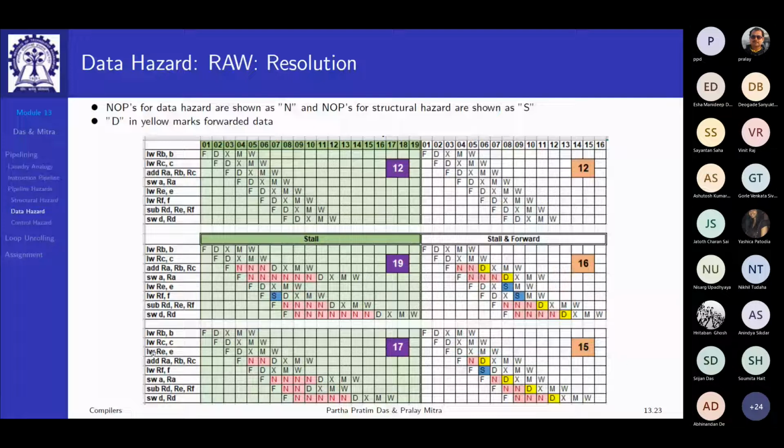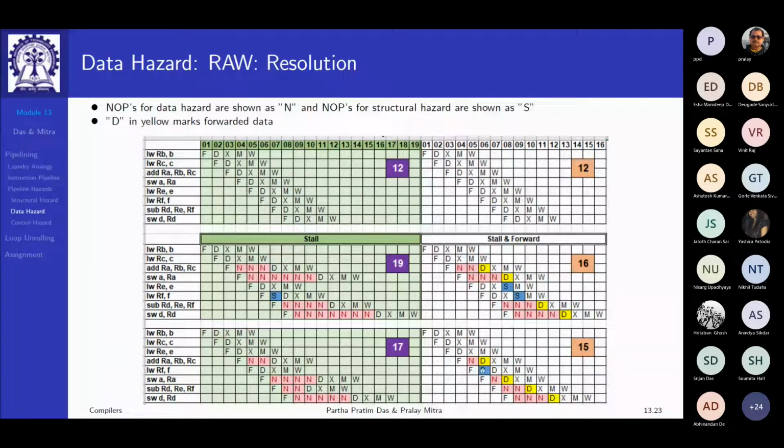Then we have add, where because of forwarding, we can reduce one stall. RF has an added stall because of the potential structural hazard that would have happened at this point. Then we have the store of RA, which also is happening earlier, the sub and then store of RD.